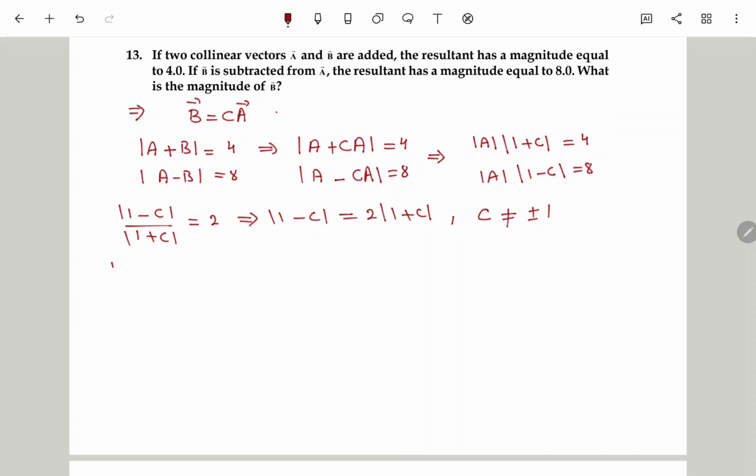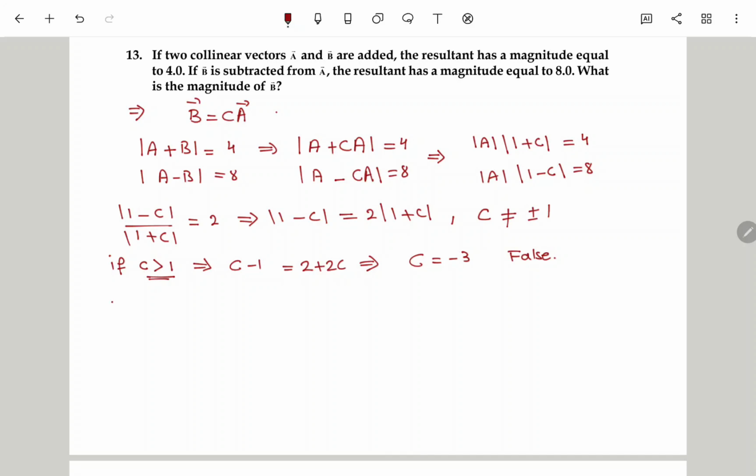Now if c is greater than 1, in this case c minus 1 equals 2 plus 2c, and in this case c equals minus 3. Now based on the condition, c equals minus 3, and we just assumed that c is greater than 1, so this is actually a false condition.